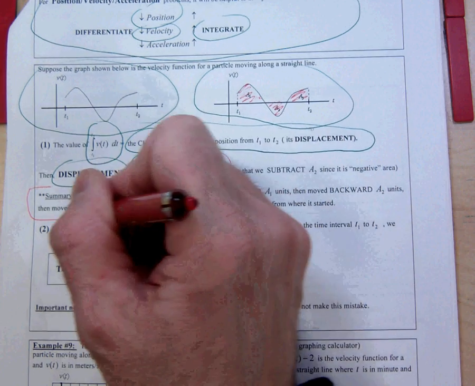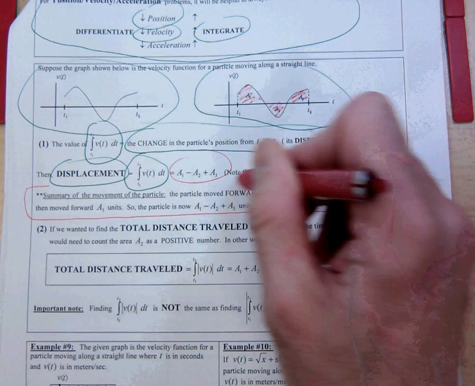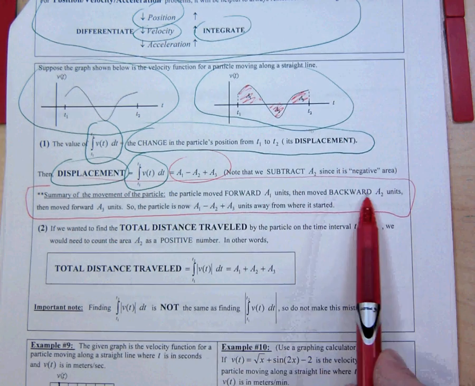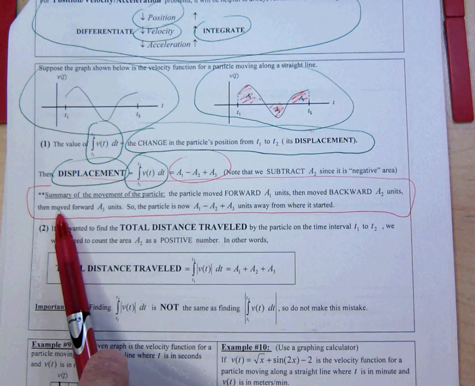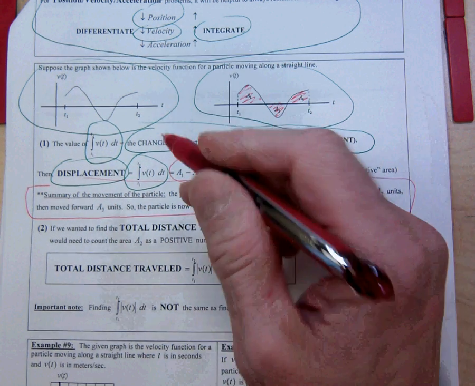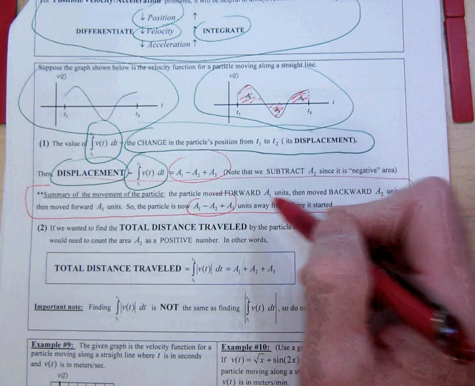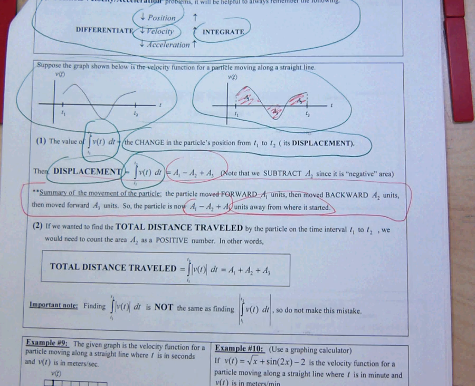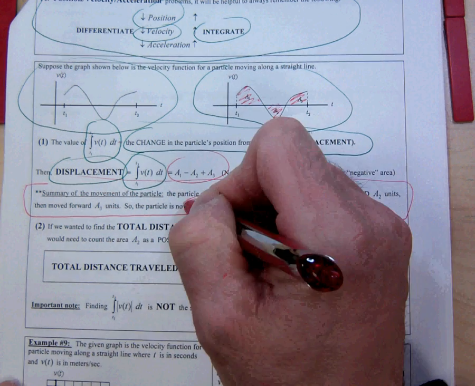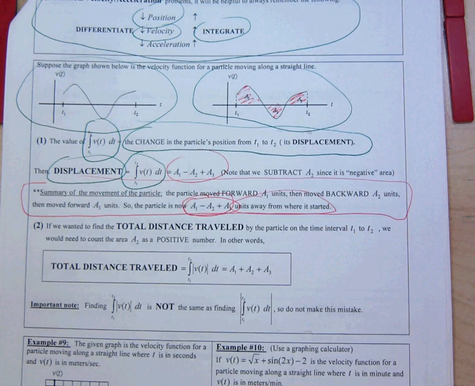So to summarize what's happening with the particle moving along a straight line, it moves forward A1 units, then moves backwards A2 units, then moves forward again A3 units. So the particle is now this value units away from where it started. Which is why we call it the displacement. From start to finish, it got displaced that total amount.